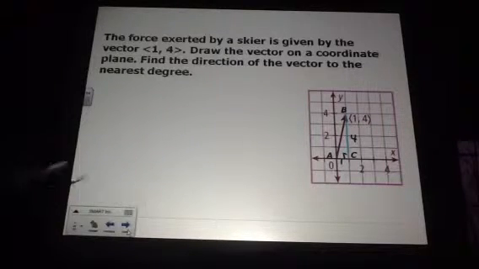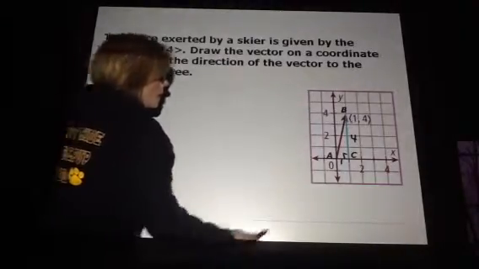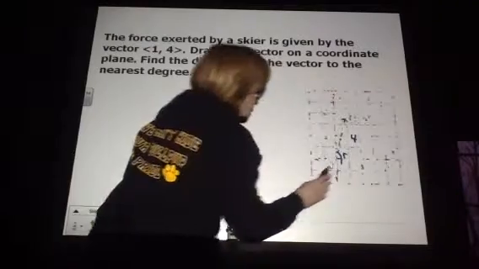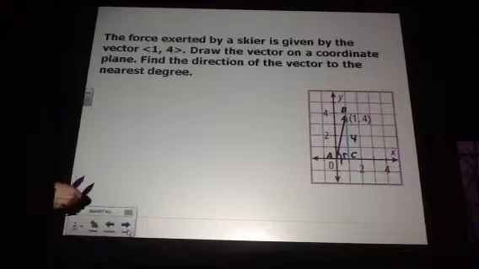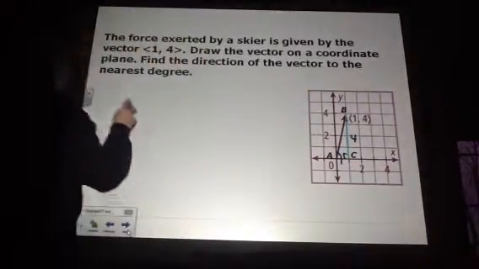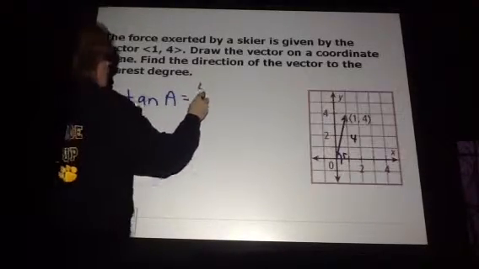The direction. Okay, so the direction is going to be from your x-axis to your vector. So it's angle A. Angle A is what we're trying to find here. Well, if you notice, we've got a right triangle and we've got opposite and adjacent. So we need to start thinking the tangent of angle A equals 4 over 1.